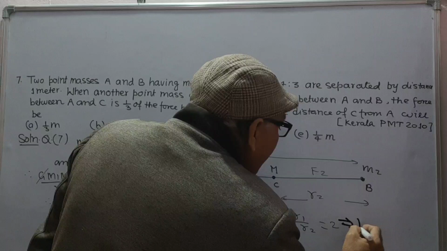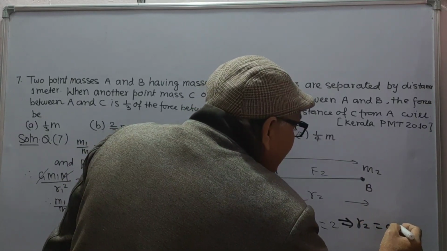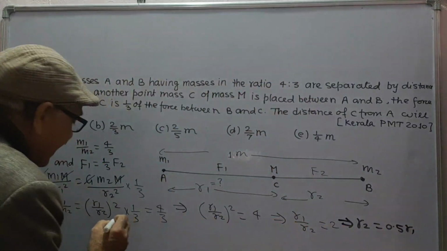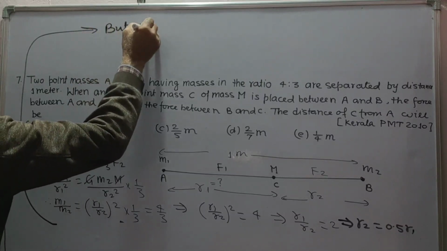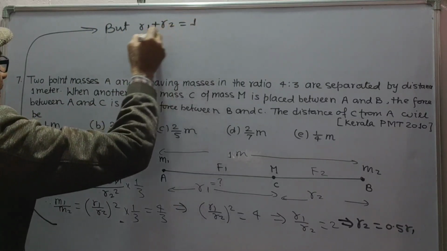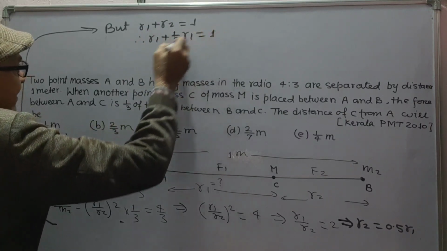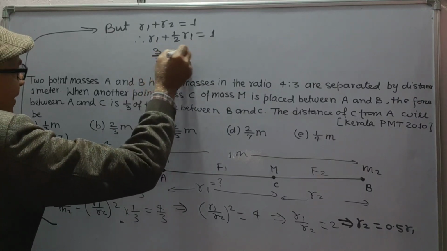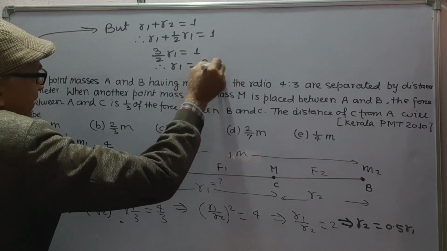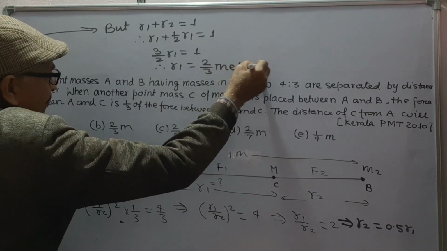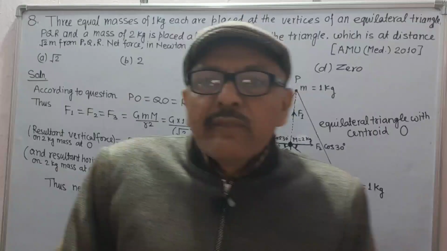This means that R2 will be equal to 1/2 R1, that is 0.5 R1, but R1 plus R2 is equal to 1 meter. Hence R1 plus 1/2 R1 is 1 meter, 3/2 R1 is 1 meter. So R1 will be equal to 2/3 meters. So the correct option will be B, 2/3 meters.